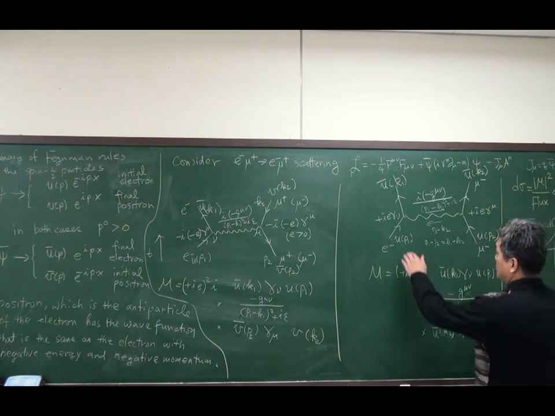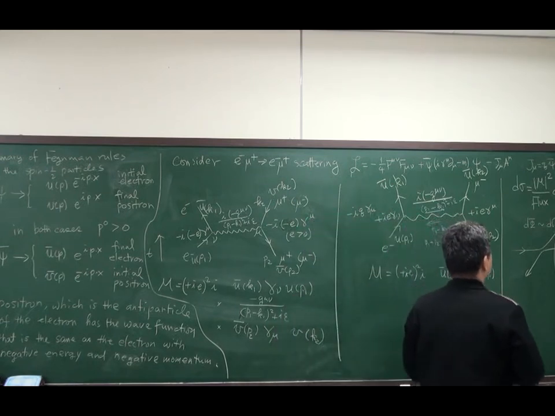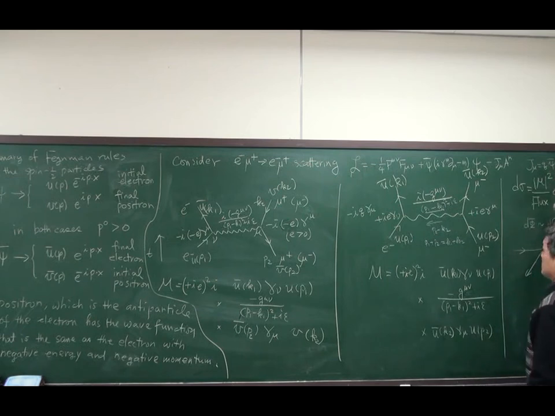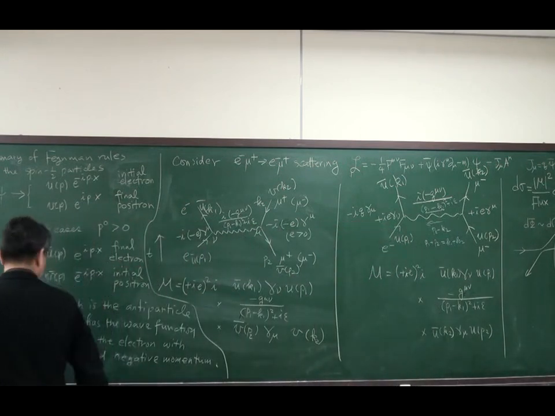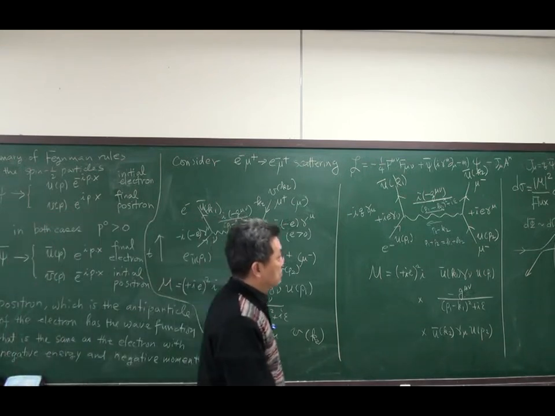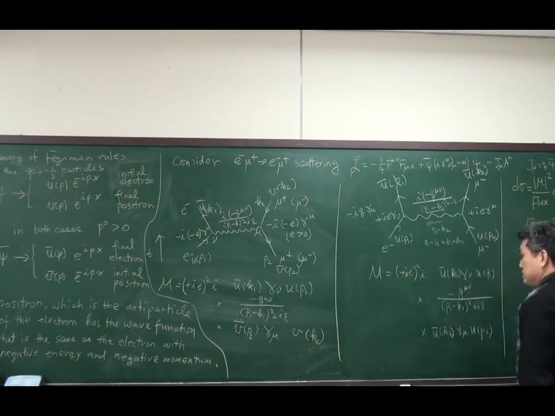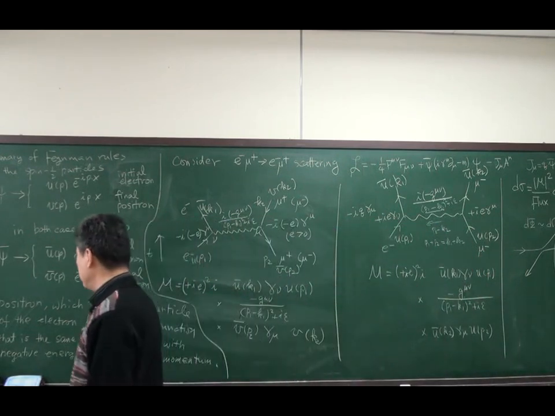So this vertex was minus I charge gamma mu, and this psi and psi bar contain the wave function of the spin 1/2 particle, and we have shown that the solutions to the Dirac equation are composed of a positive energy solution and a negative energy solution.